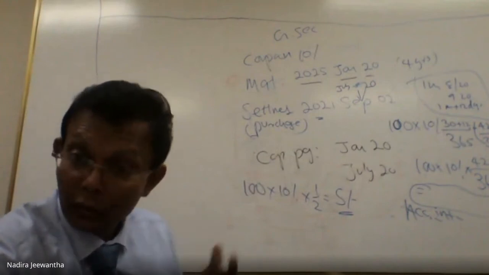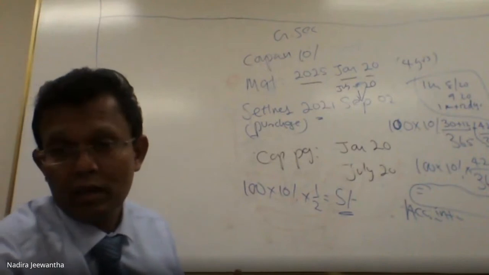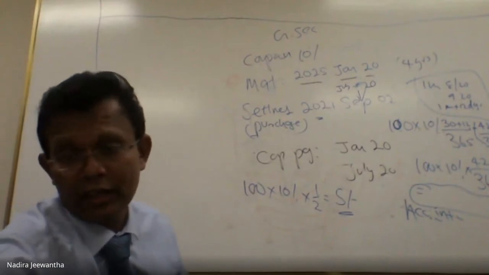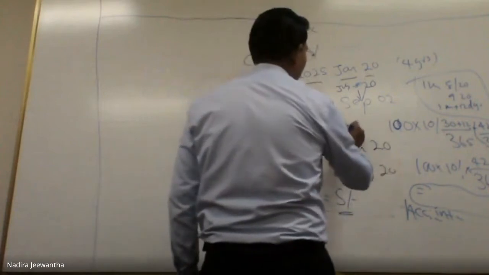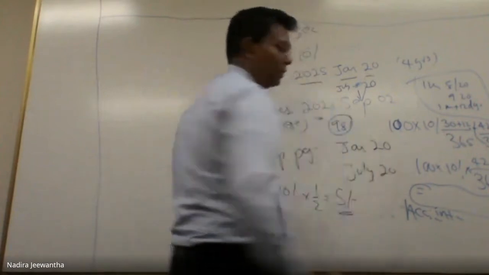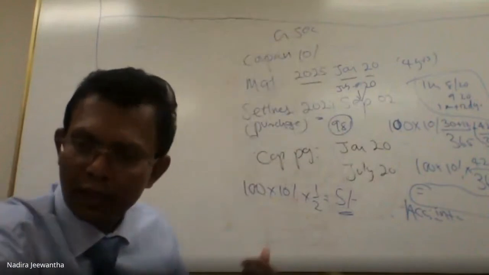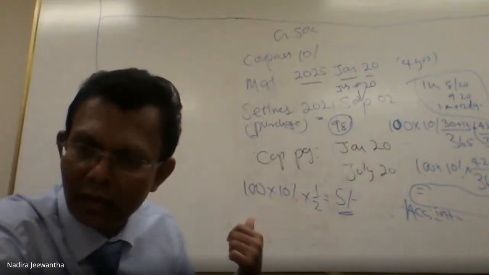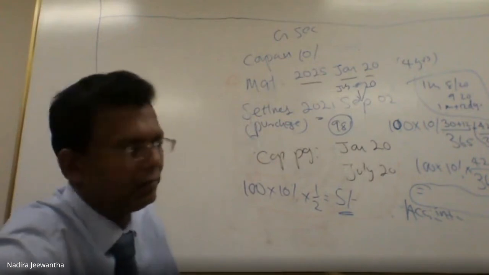When we calculate the pricing, for example, say it comes to 98 rupees. So for you to acquire this one particular unit, you pay 98. This instrument is trading at a discount, below 100.